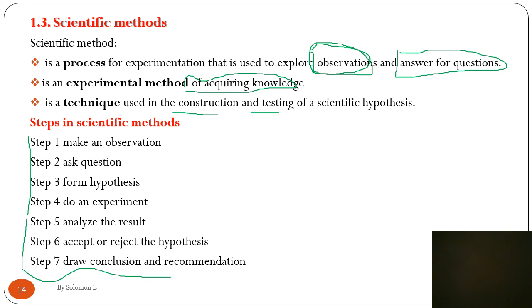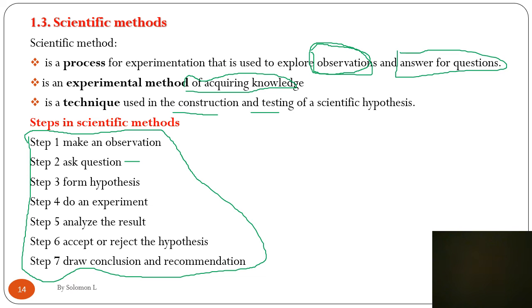The scientific method has steps that must be followed. The first step is to make an observation, looking for a problem. Once we have found the problem, we may ask why such problems are happening.